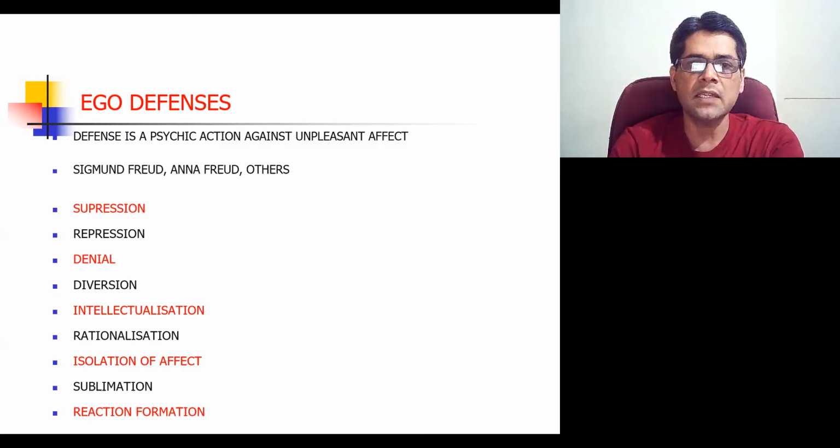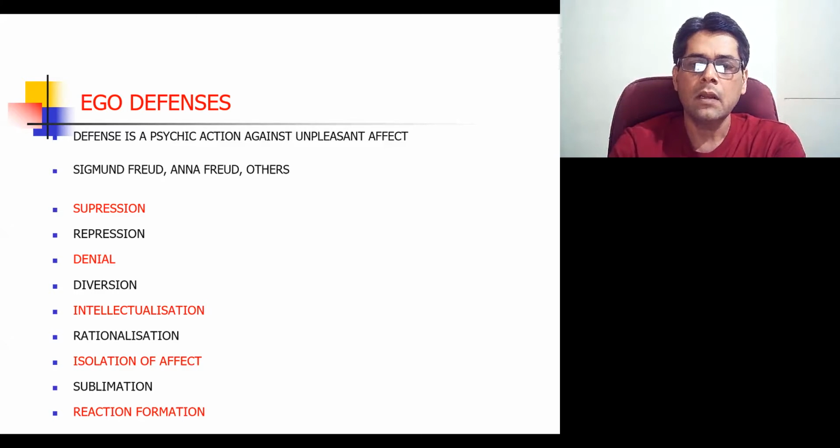So the defense is essentially a psychological action against unpleasant affect coming up to consciousness, in addition to many other goals. There can be many goals for which defenses are used, but the most common goal is avoidance of unpleasant affect.